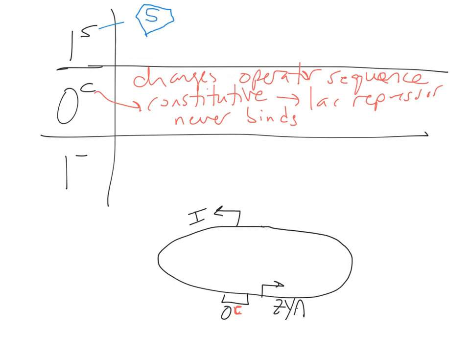It's my horrible attempt at making a Superman. Yeah, super repressor. What sort of mutation could you make to lacI, the repressor, that makes it a super repressor?